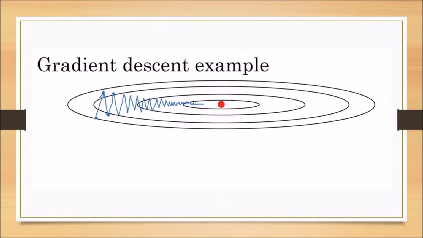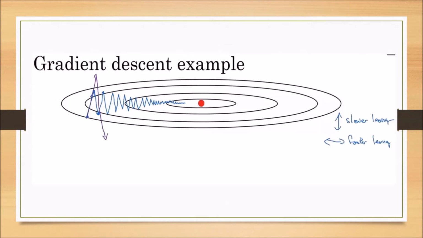But when we take a small value of alpha, the gradient descent will take many iterations to find the minimum value of the cost function. Now we are expecting very slow learning in the vertical direction. That means I do not want oscillations to happen in the vertical direction, but at the same time I want faster learning in the horizontal direction.